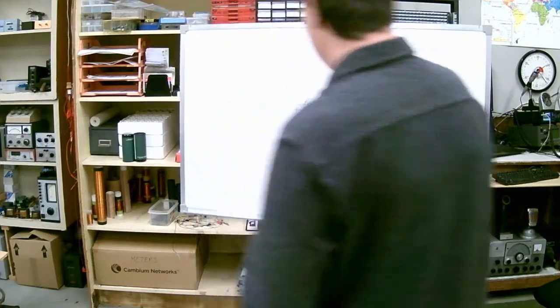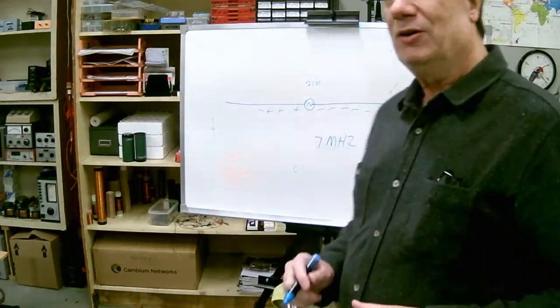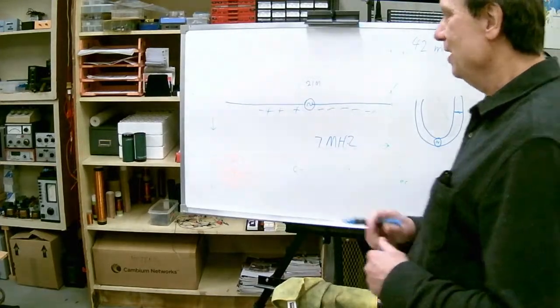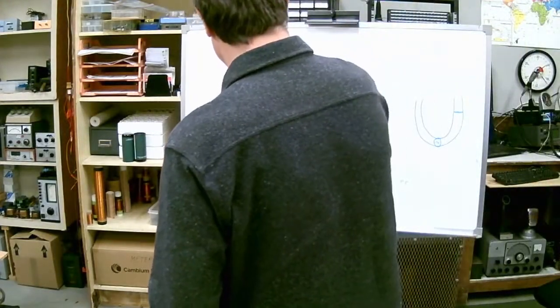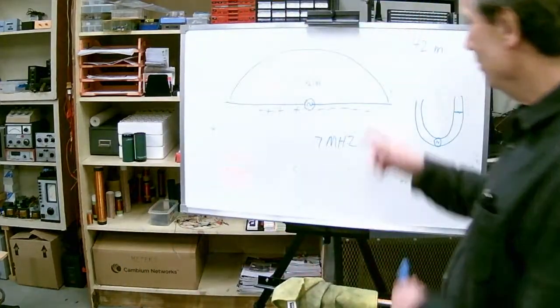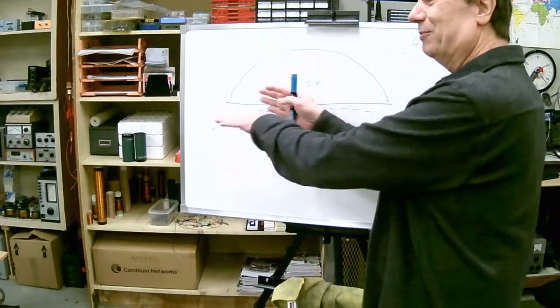Now, when we do that, and we run a generator at the middle there at 7 megahertz, we will have a current distribution that looks like this. Now, it's obvious why it would go to 0 at the ends, because there's nowhere for it to go. You have the electrons sloshing back to the middle.